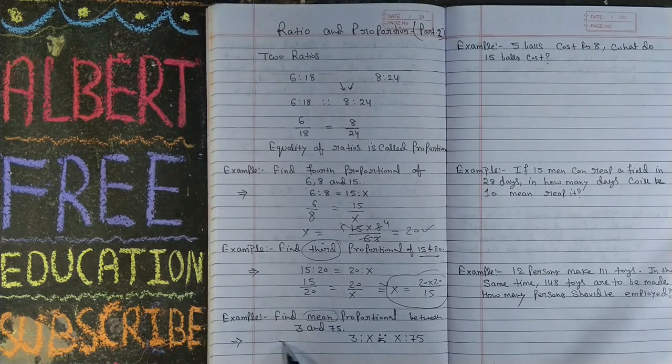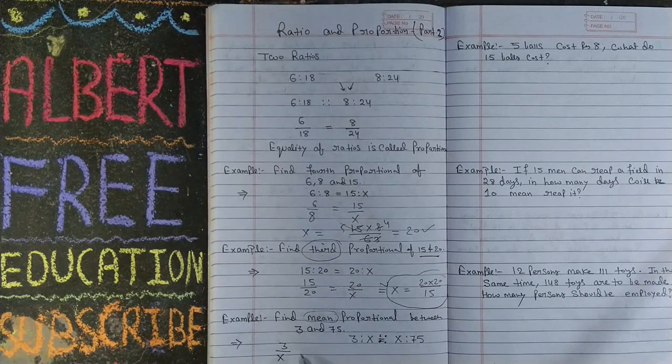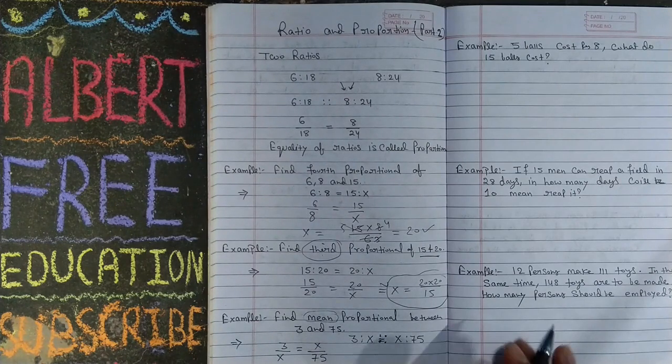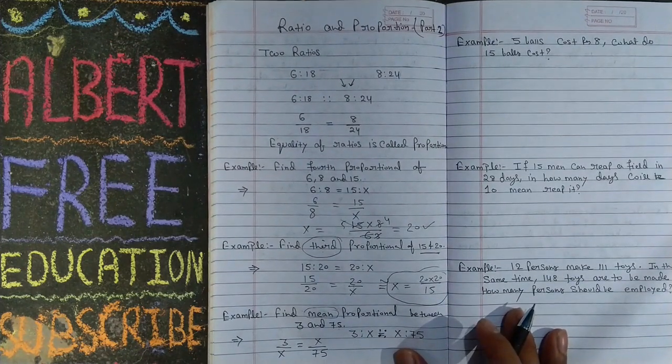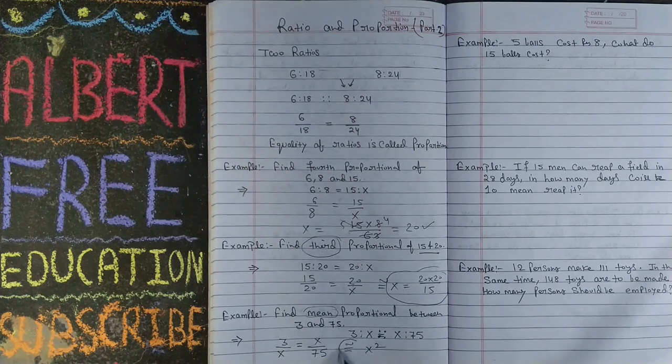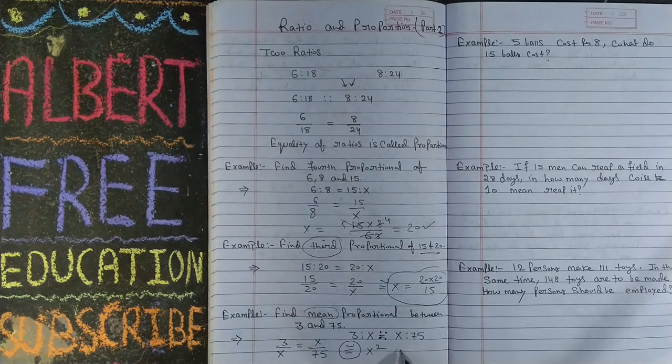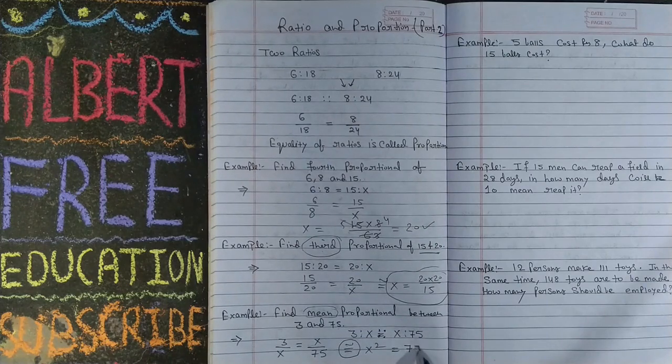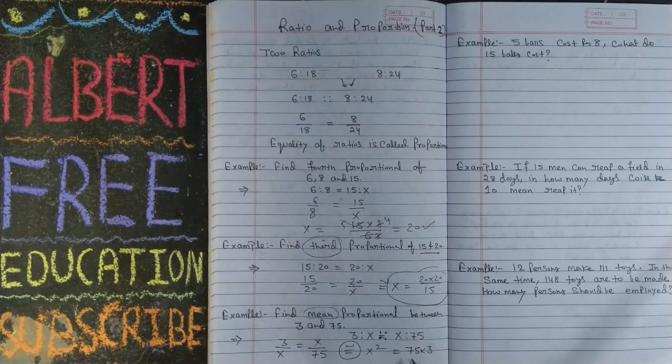So this is actually 3/x is equal to x/75. So x into x is equal to x square. x square is equal to 75 into 3. Now you can find it. Your x is equal to the square root of this.